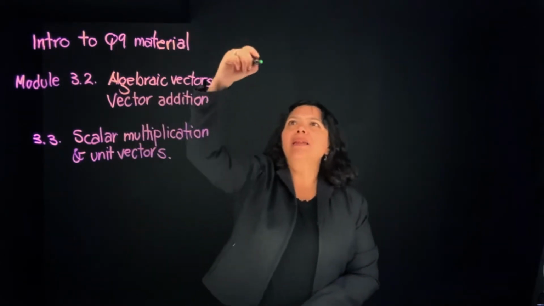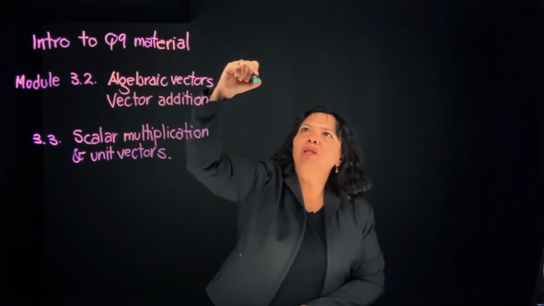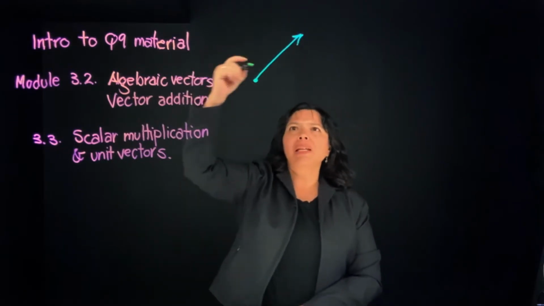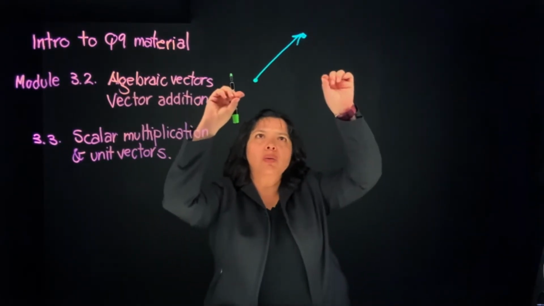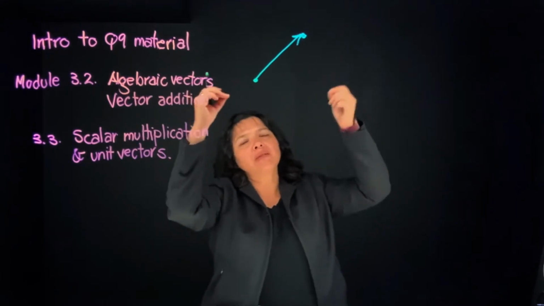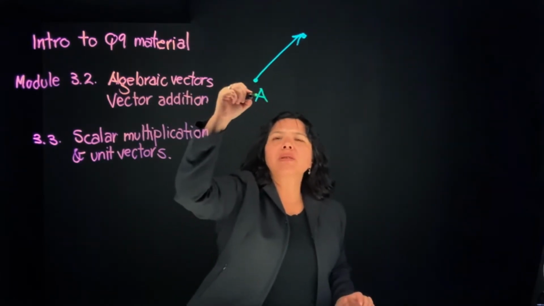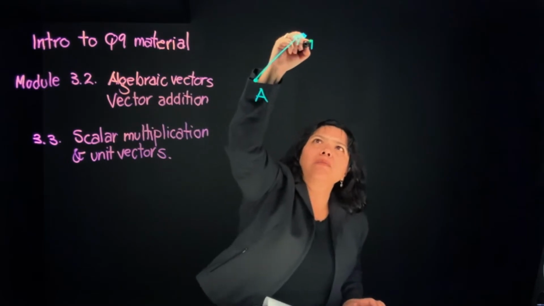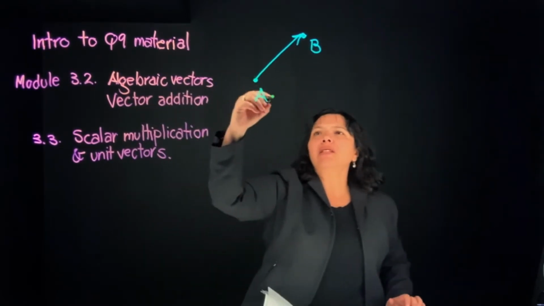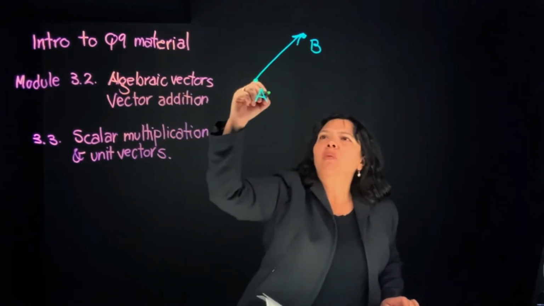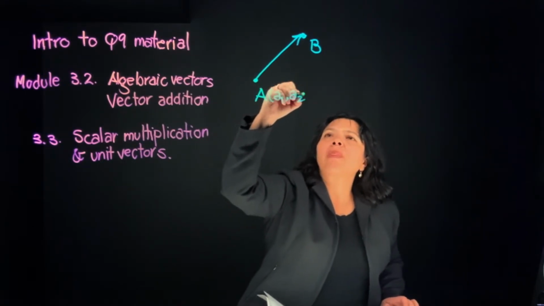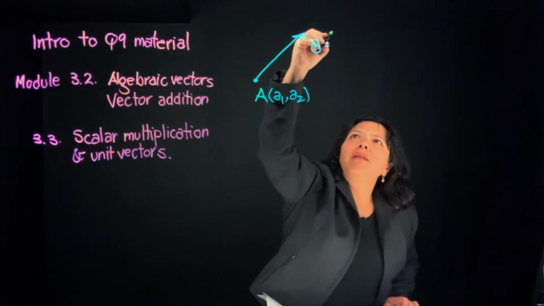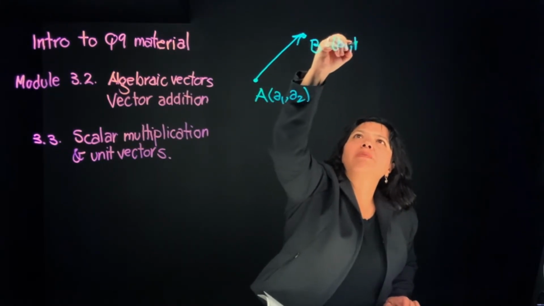So remember that if you have a vector, let me just show you a geometric idea. Remember that to describe a vector, we sometimes refer to it as the initial point and then the end point. So say my initial point in R2 would be the coordinates A1 and A2, and the end point would be, say, B1 and B2.